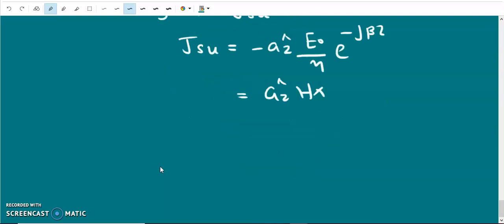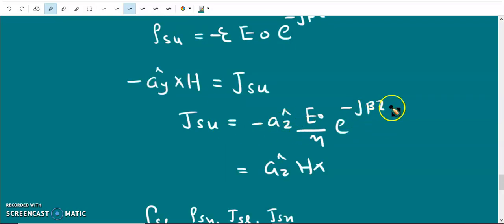So thus rho sL, rho sU, JsL and JsU give the expressions for the surface charge and surface current densities for the lower and upper conducting plates. So from these equations, we can see that rho sU, rho sL, JsU, JsL depend on e to the power minus j beta z.